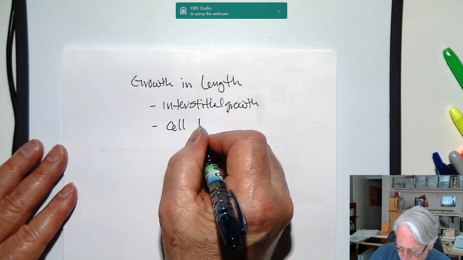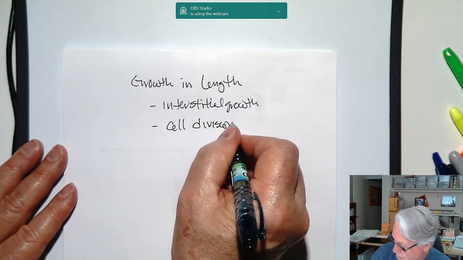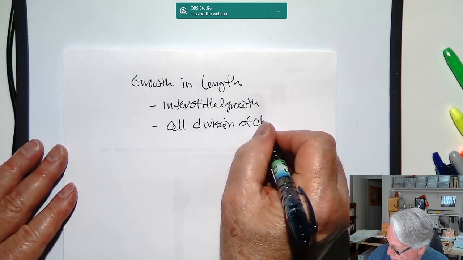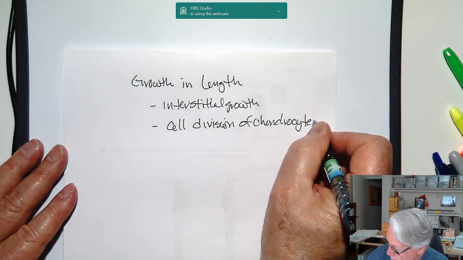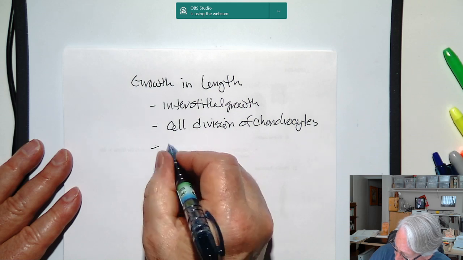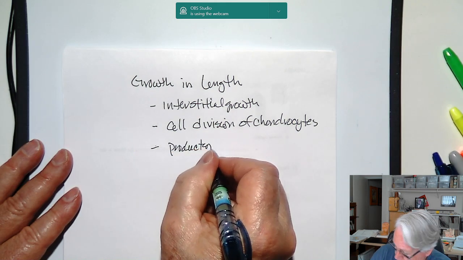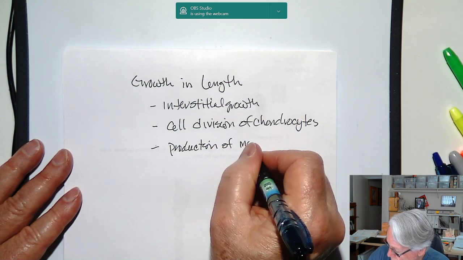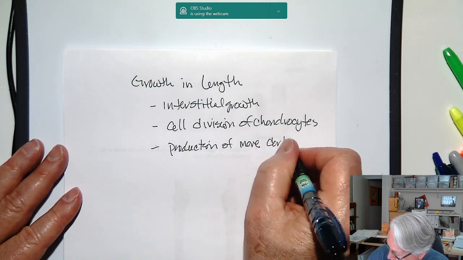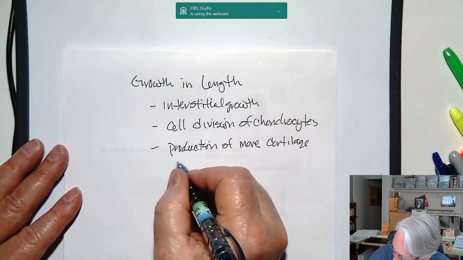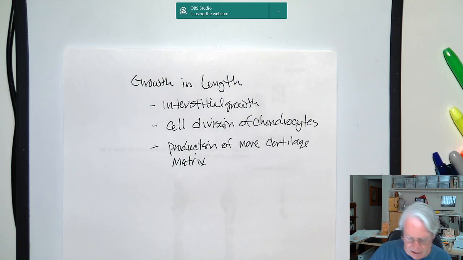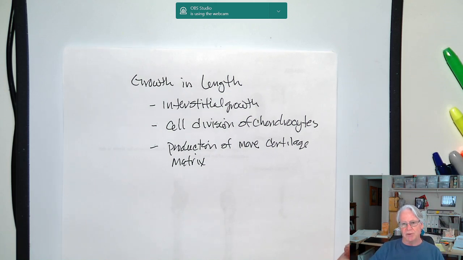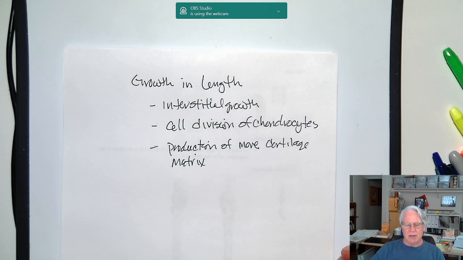Cell division of chondrocytes and the production of more cartilage matrix. So that growth in length is going to be the result of division of chondrocytes and also the production of more cartilage.